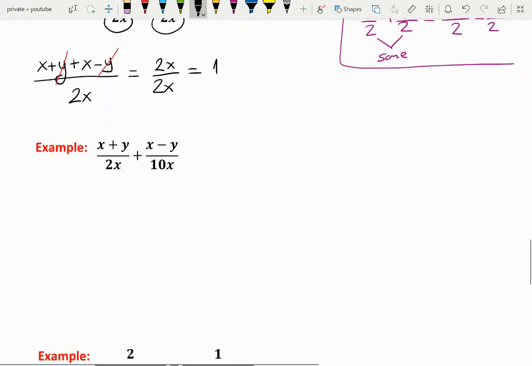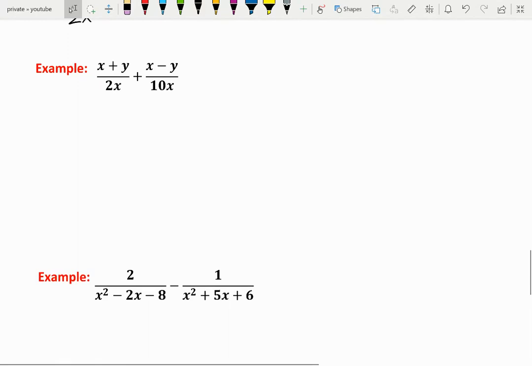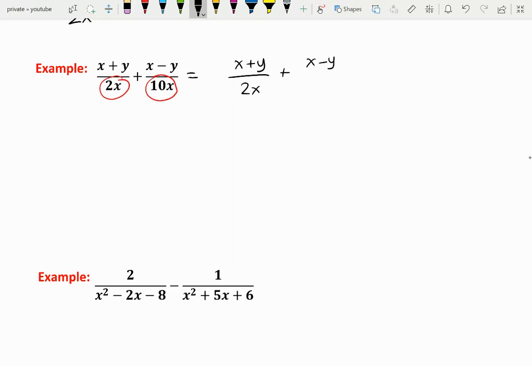Okay. So how about when the denominator is different? These denominators are different. So what should I do? First, I should make them the same. So let me write it again: x plus y over 2x plus x minus y over 10x.